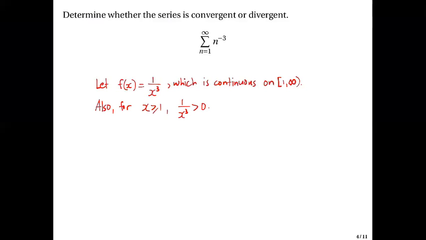Furthermore, if we compute the derivative of this, f prime of x, this is equal to negative 3 over x to the fourth, correct?